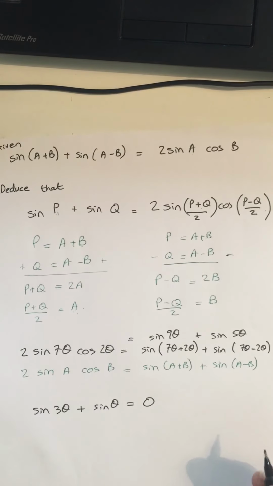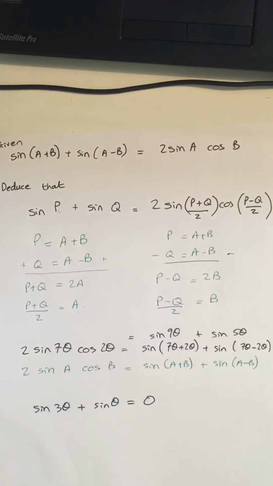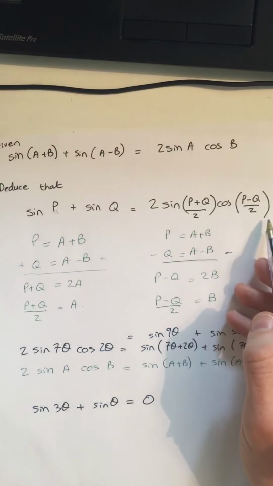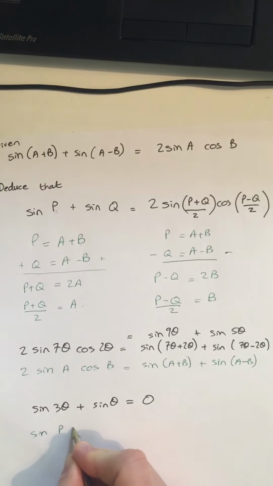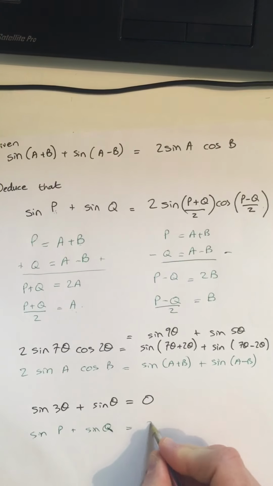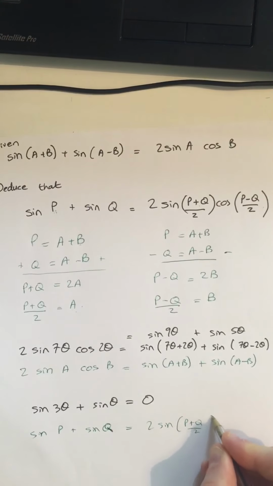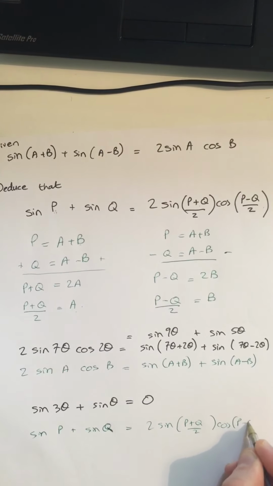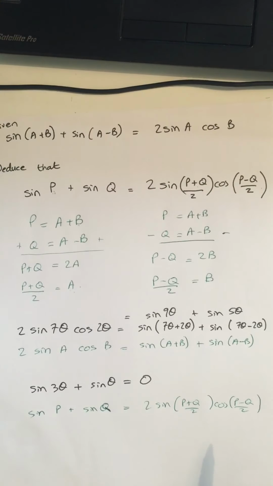So using the result from part B, first thing I'm going to do is rewrite this result underneath here. Sine P plus sine Q, that's a Q there, not a theta, is equal to 2 sine (P plus Q)/2 cos (P minus Q)/2.